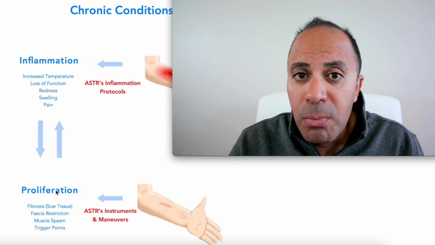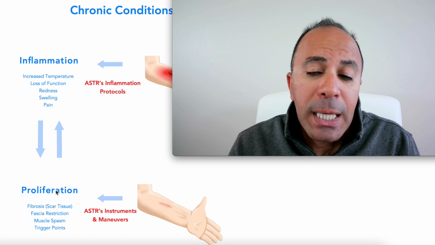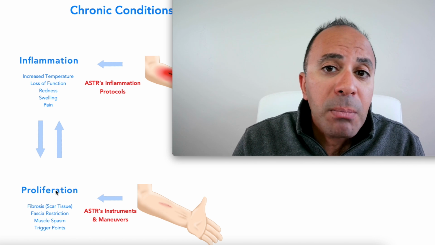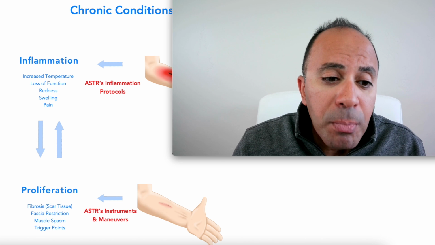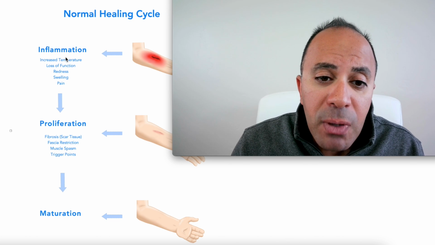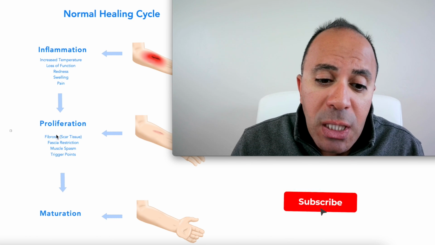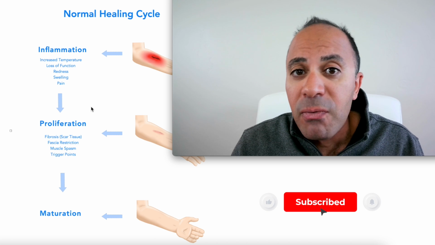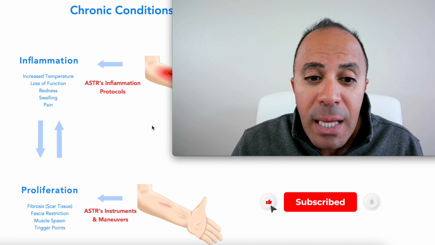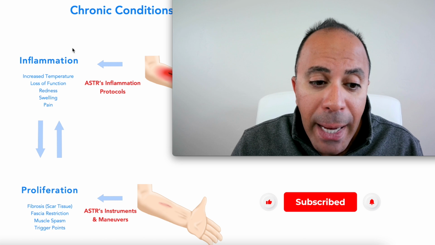Think about it this way: your body needs magnesium, D, B, C, and other vitamins and minerals to move smoothly from the inflammation stage to the proliferation stage to the maturation stage. If you have a deficiency, your body is not going to move. It's just going to be stuck going back and forth.